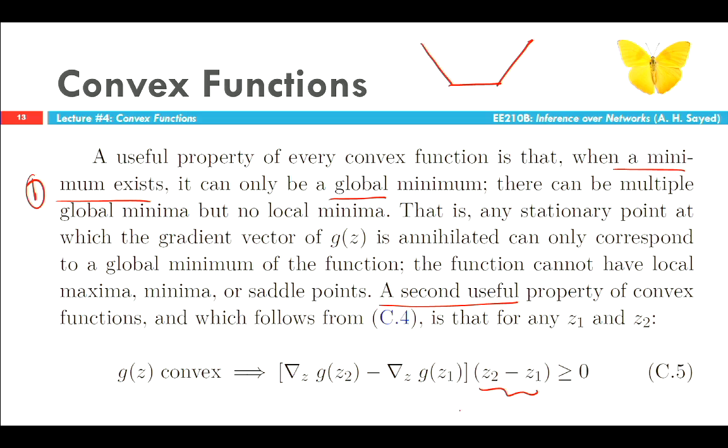What this property is saying is that the inner product is always non-negative. Essentially, these vectors will always be pointing in the same direction. If the two vectors are pointing in the same direction, their inner product will be non-negative. So if your function is convex, remember this because we will use this property later. I'm going to prove it. It's not difficult to prove that the inner product is non-negative.